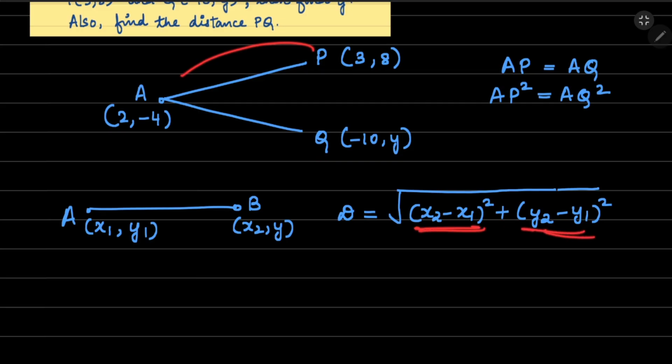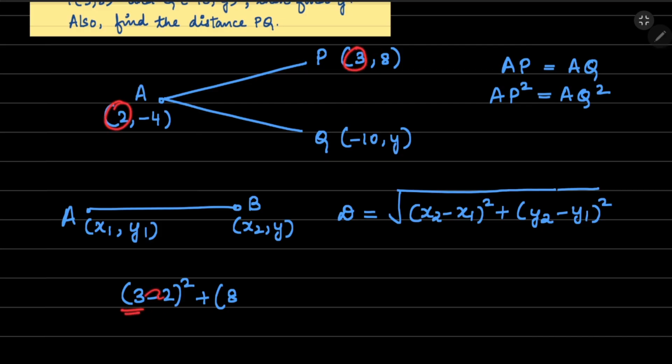Your AP square will be equal to 3 minus 2 the whole square, the square root gets removed because it's already squared, plus y2 minus y1, that is 8 minus of minus 4. x2 minus x1 is 2 the whole square plus y2 is 8 minus y1, minus of minus 4, which is plus 4, the whole square is equal to AQ square.